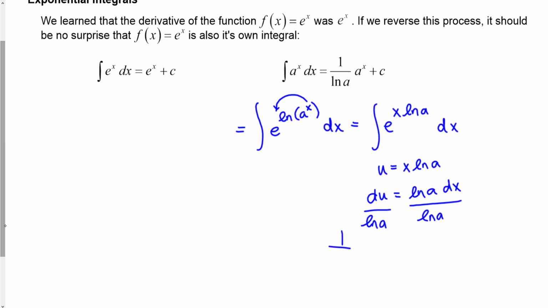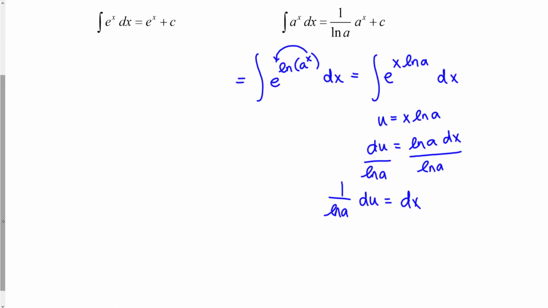So that gives me 1 over the natural log of a du is equal to dx. And I think you can probably see where this is going if you recall substitution well enough from the previous lesson. So effectively, I'm going to come over to this side since there's plenty of open space here.